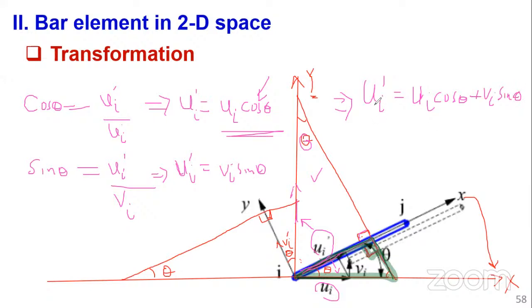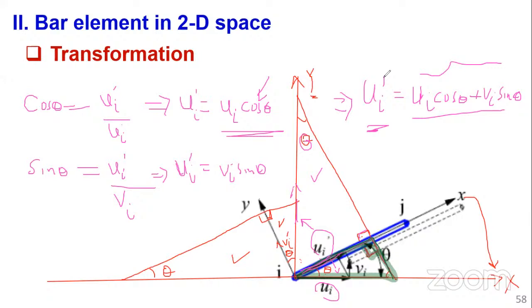So we have been able to transform the local coordinate system horizontal displacement to the global coordinate system horizontal displacement using this resolution of cosines and sines, right? Similarly, and this one you can do in your free time, you can use this triangle and this triangle to resolve this vi in the vertical axis and the horizontal axis. You get the vertical and the horizontal component.